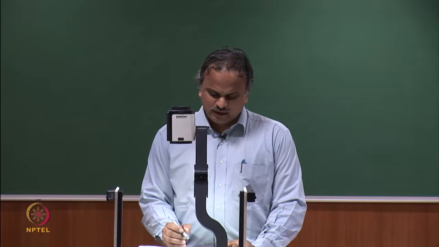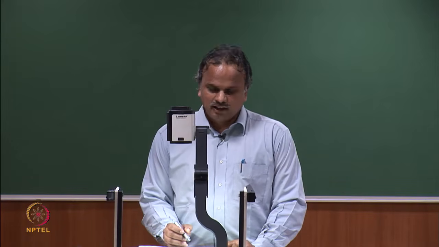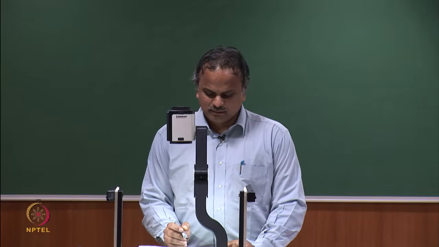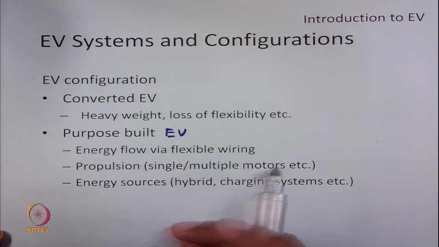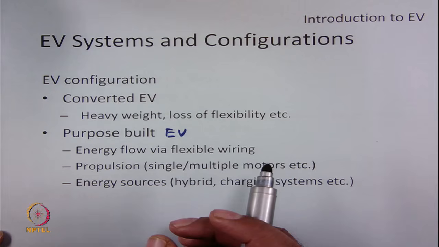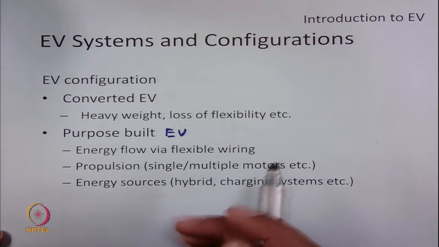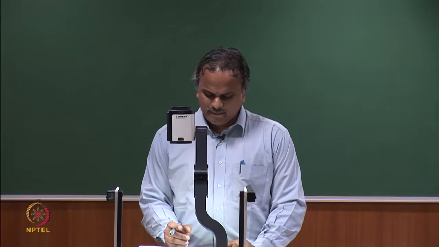So, we all know that in IC engine based vehicles, the power flow or the energy flow is done mechanically, which means they use bolted frames and rigid systems to transfer energy from one system to another.